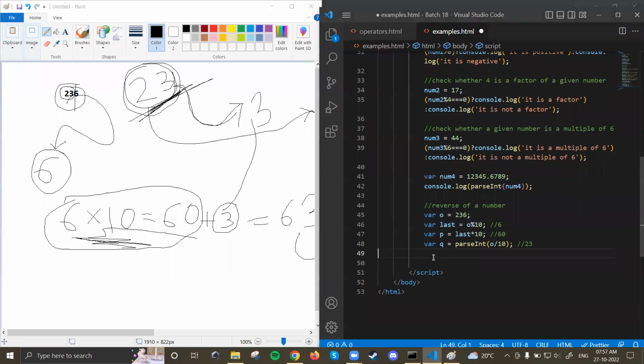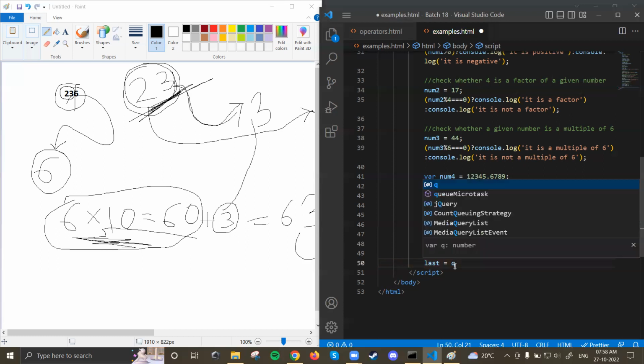Now see here. We'll change the value of last now. So last is equal to 23 mod 10, isn't it? That means where is 23? It is in Q. So last is equal to Q mod 10.